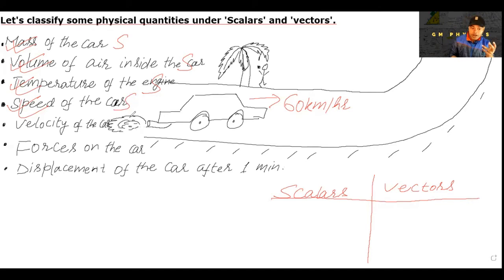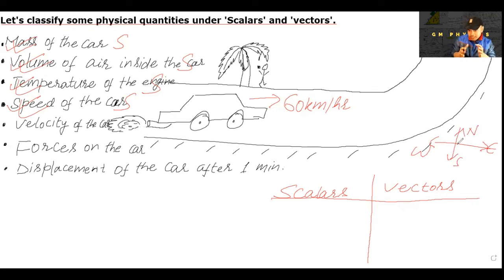Now let's look at velocity of that. Now it becomes a different quantity because when you talk about velocity, you talk about two things. One is the rate at which the car is covering the length right now, and the direction in which it is headed towards at present. So let's take the conventional direction. This is east, this is west, this is north, this is south.